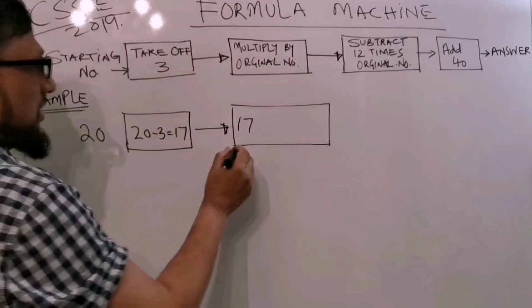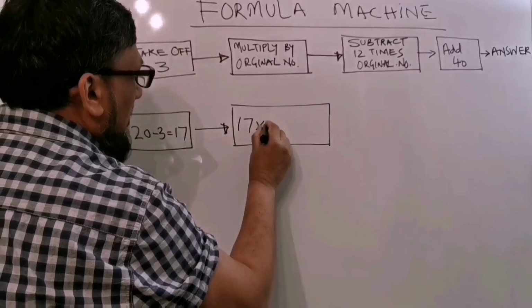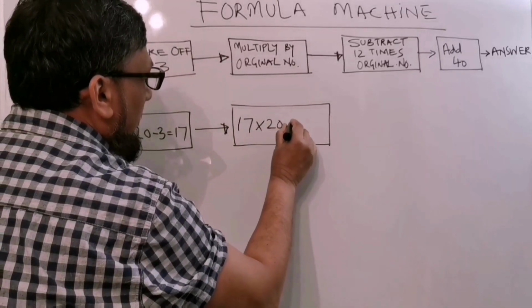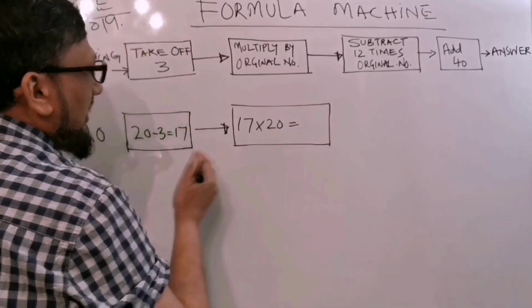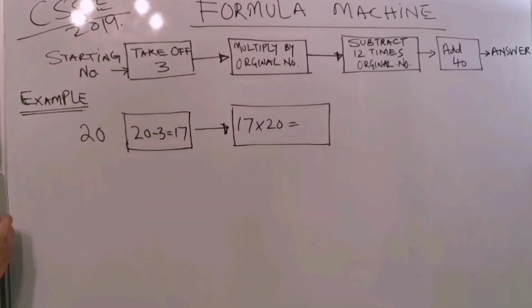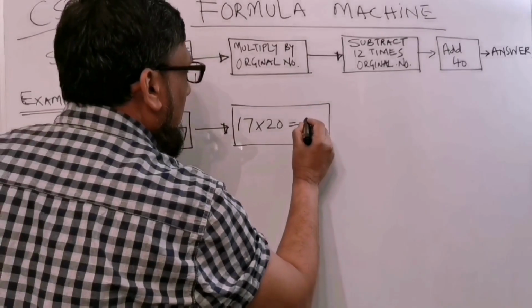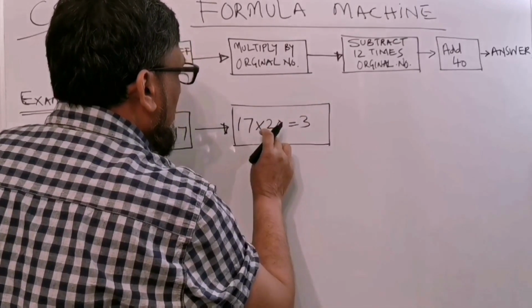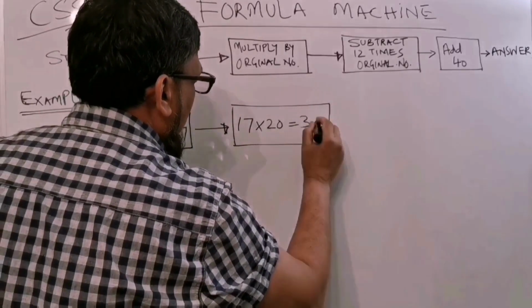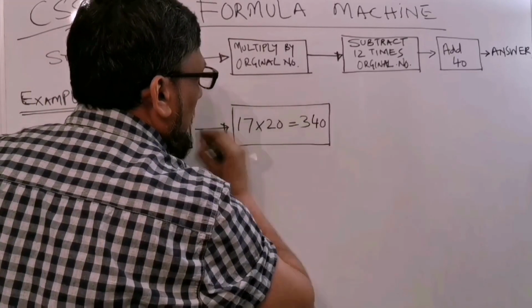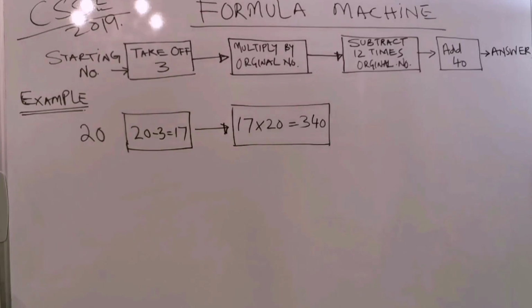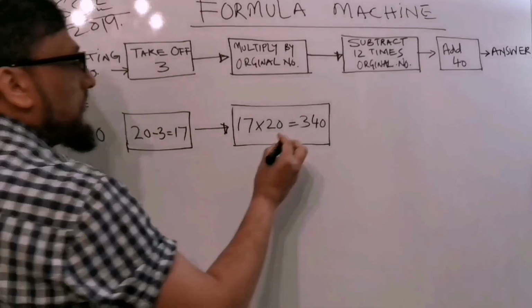The original number is 20. So 17 times 20: 17 times 2 is 34, and the 0, so 340.